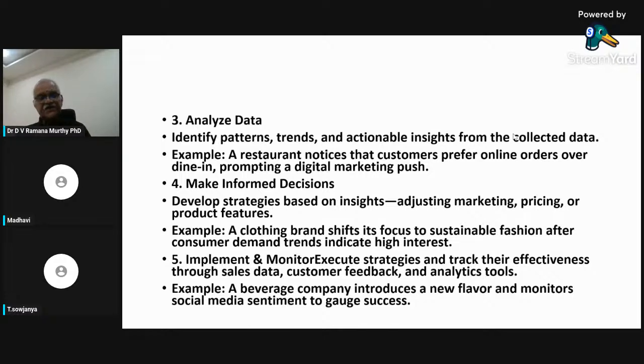So, after collection of data, you need to identify the patterns and the trends. For example, the trend line will be like this: it can go up here and fall, and go up and fall, and during the times of competitors' entry, the sales of your product might be dipping down.